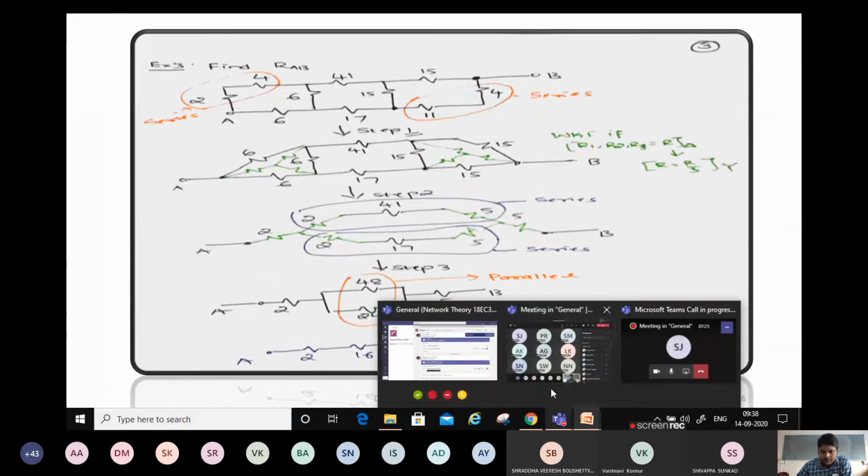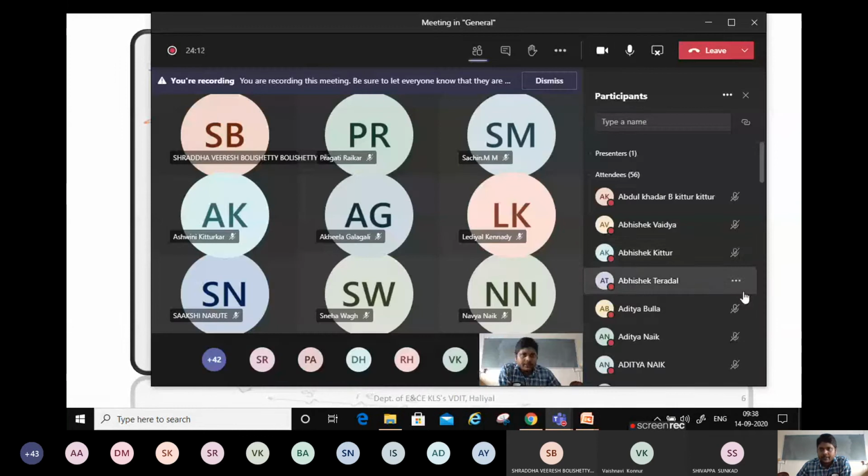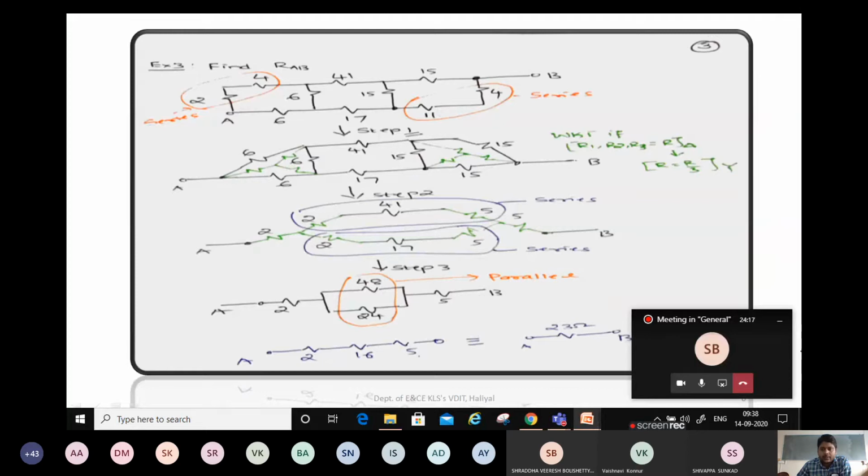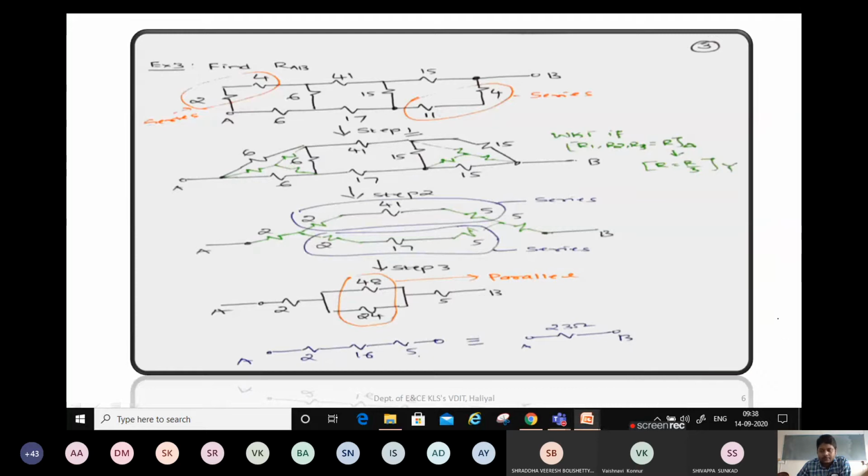Okay, so we'll go to the next problem. That is the third example here. If you check this third example, the question is you need to find RAB.